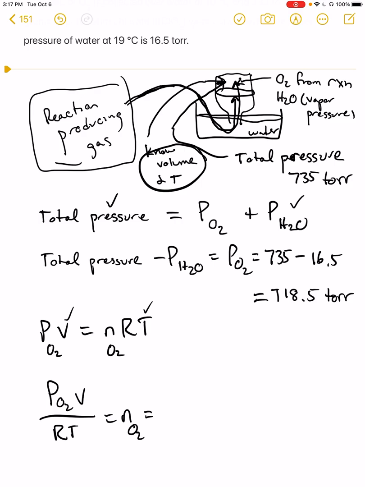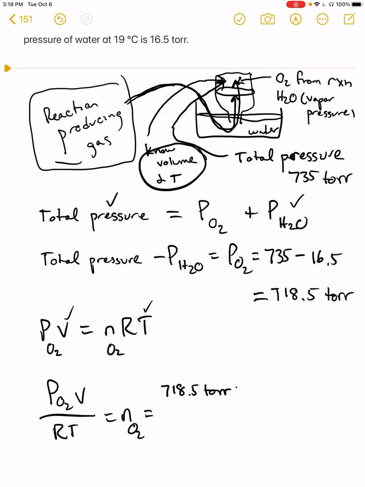You notice we have to use the partial pressure of oxygen, so that will be 718.5 torr. But I want to use my R value that includes atmospheres, so I will need to convert that to atmospheres. That will give me a pressure in atmospheres.